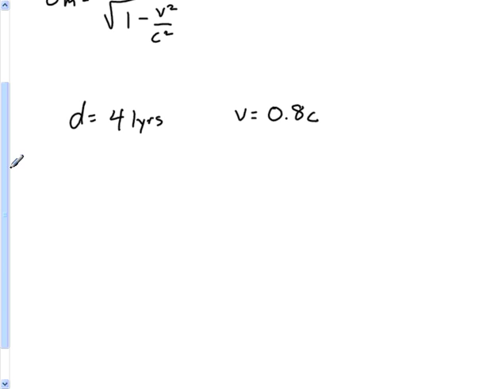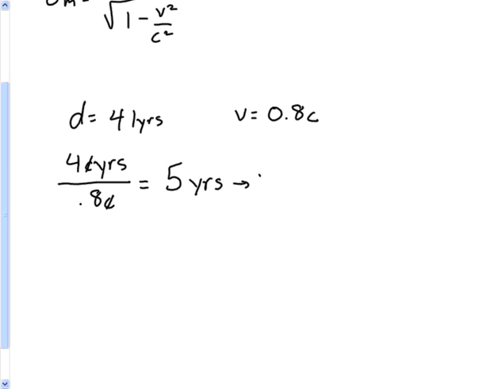We figured out in class today that if we're going 4 light years, and I'm going to write it in a special way, 4 light years using c for light, at 80% the speed of light, then the c's cancel out, and we get that the whole trip, according to the reference frame on Earth, should take about 5 years. But we know that the people on the spaceship won't experience the entire 5 years.